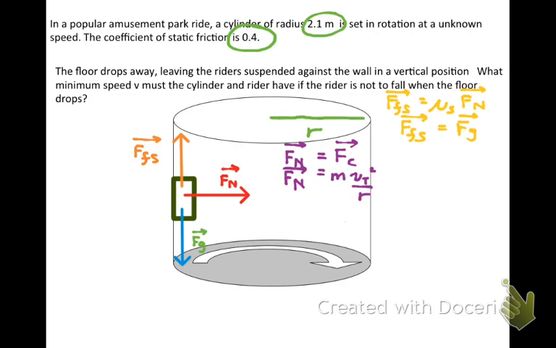Then we can also say that force of gravity equals the coefficient times the normal force. But we know what force of gravity is defined by. Force of gravity is defined by mass times g, mg. Okay, coefficient times normal force.